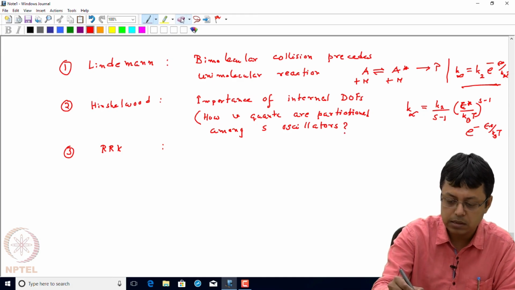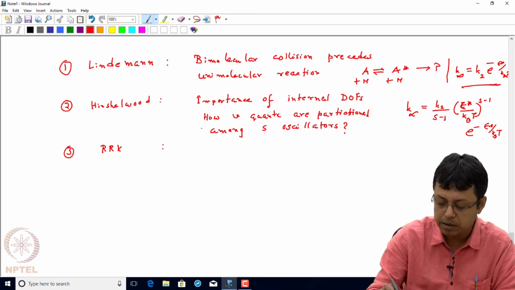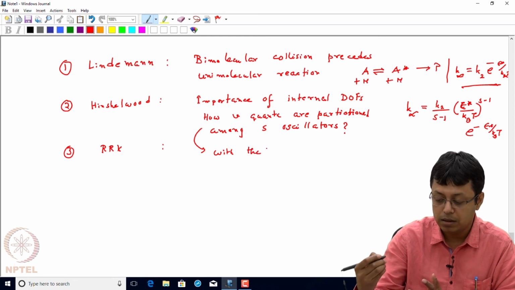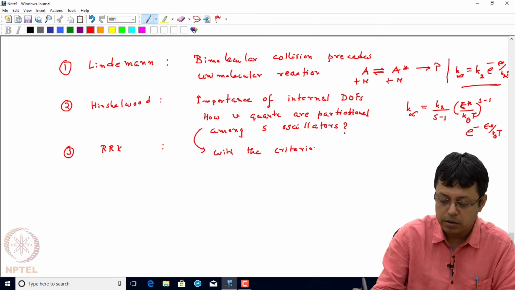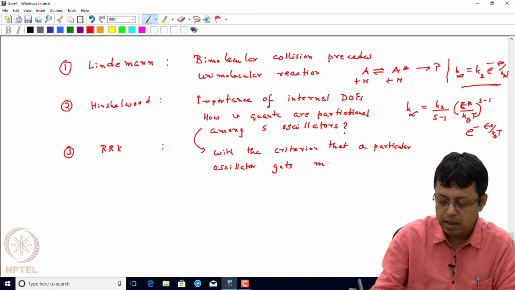RRK said it is a similar thing, but with the criterion that a particular oscillator among these s oscillators gets m quanta, otherwise the reaction will not happen.